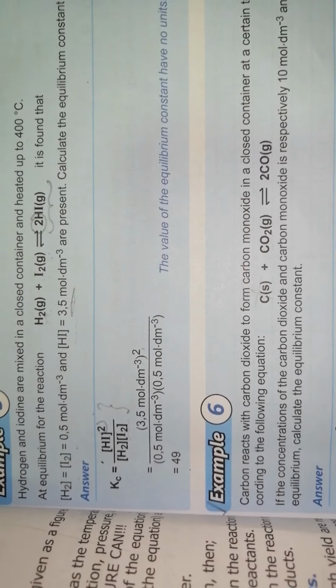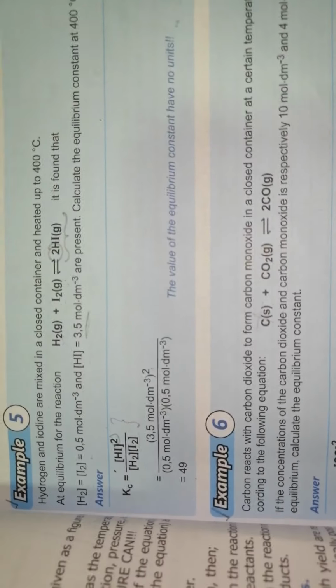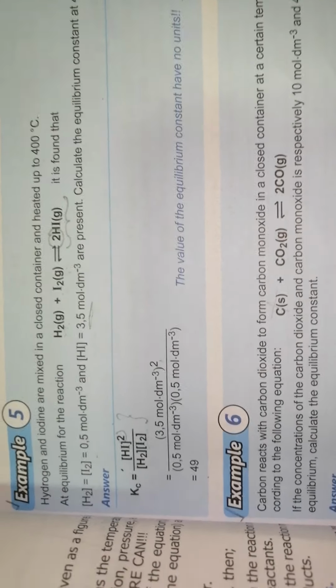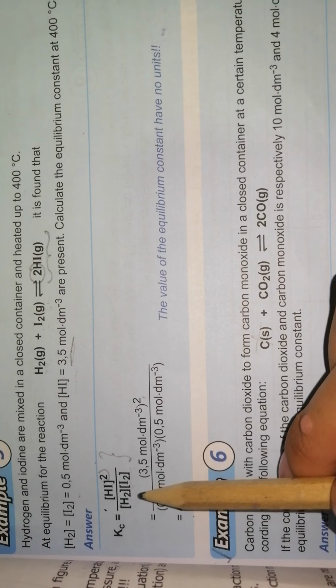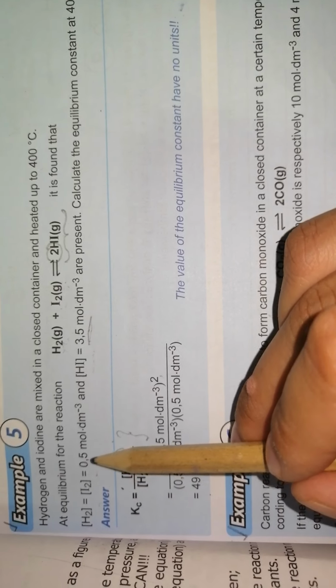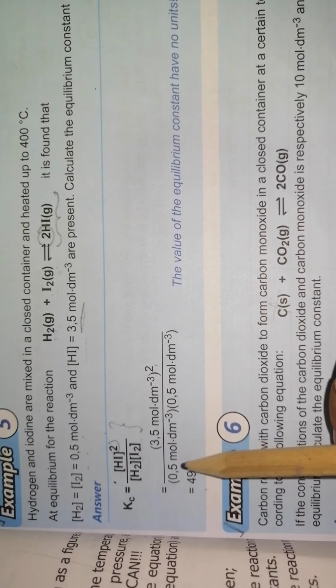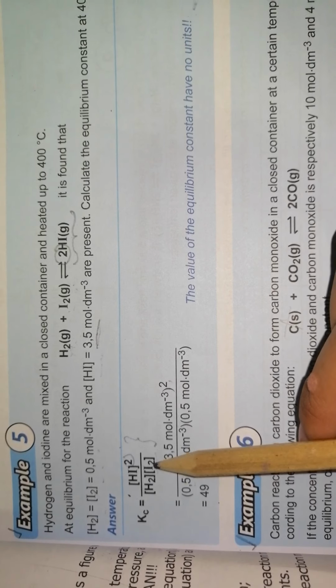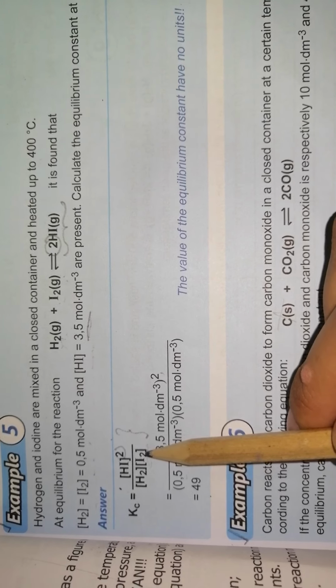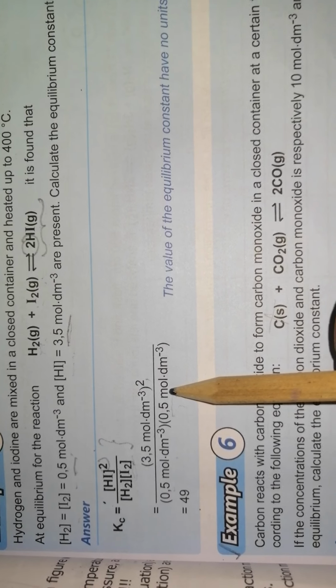So you basically now are just putting values in where you see the actual reactants or products. Then you're going to divide it by H2's concentration, and here they told us H2 is 0.5, so you're going to put 0.5 here, and then this is multiplied by I2's concentration, which they said is also 0.5, so you're going to multiply it by 0.5.